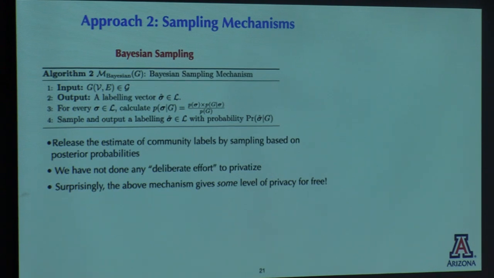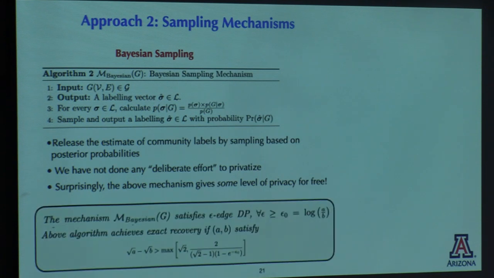If epsilon is smaller than a certain number, then we can't do anything. Specifically, if epsilon is greater than log of a by b, then we can actually get exact recovery, if a and b satisfy this lower bound, so the separation between a and b is greater than this. But anyway, this is not really a mechanism we would apply in practice. This was just an intermediate mechanism to motivate the real mechanism, which is the exponential mechanism.